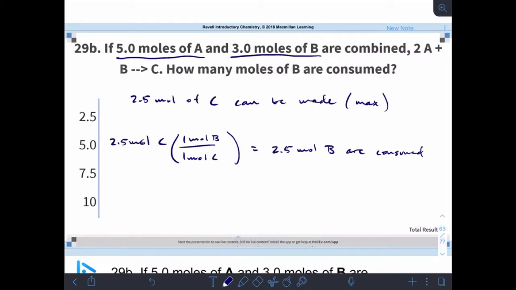The maximum amount that I can make of C was 2.5 moles because that's dictated by the amount of A that I have. So how much B went into that process? 2.5 moles.